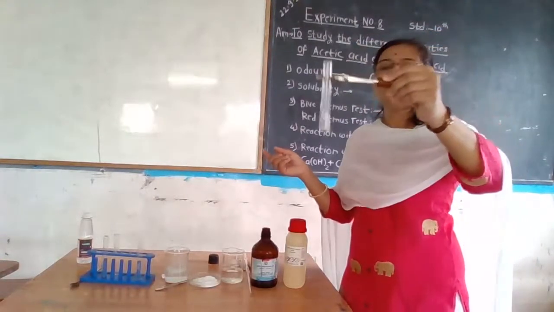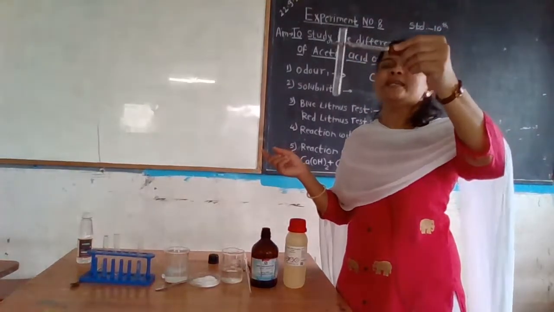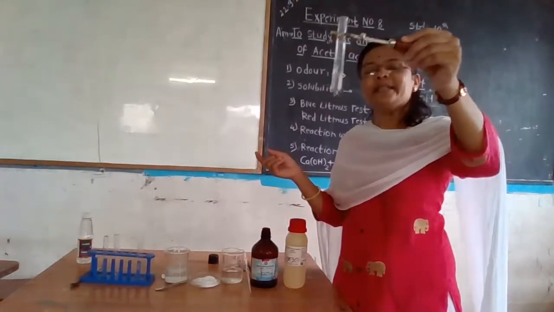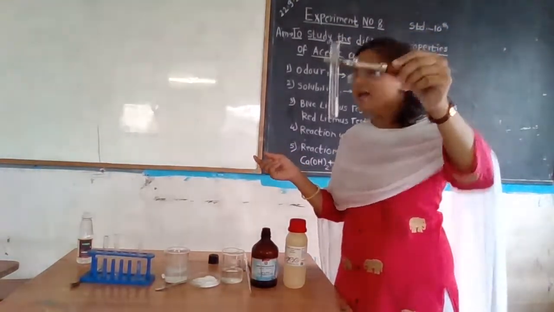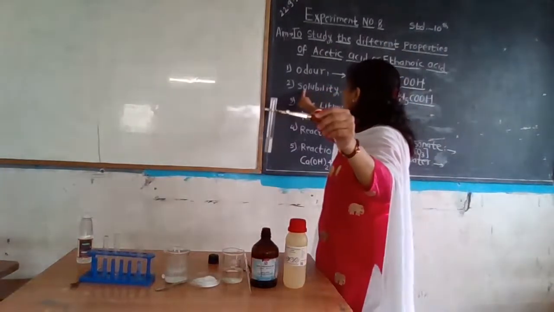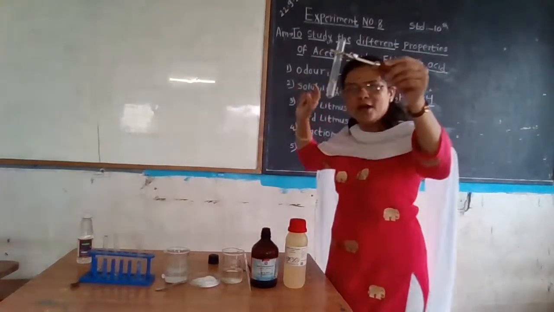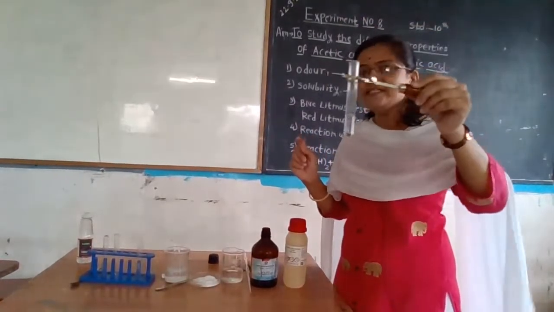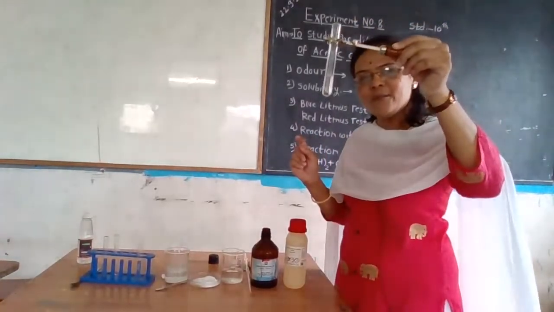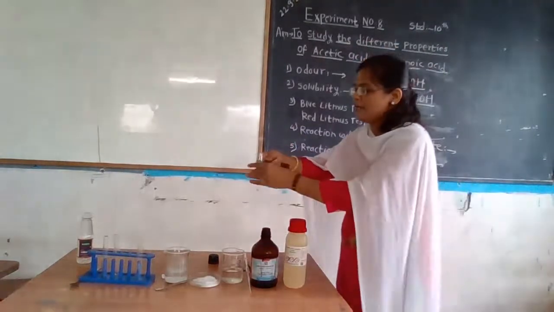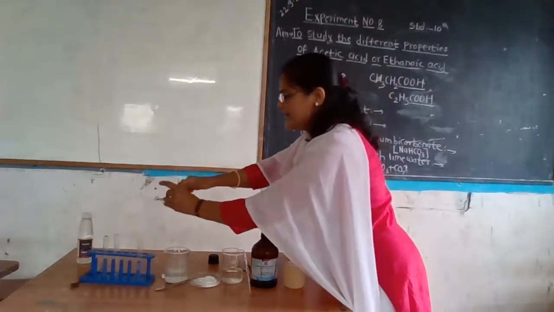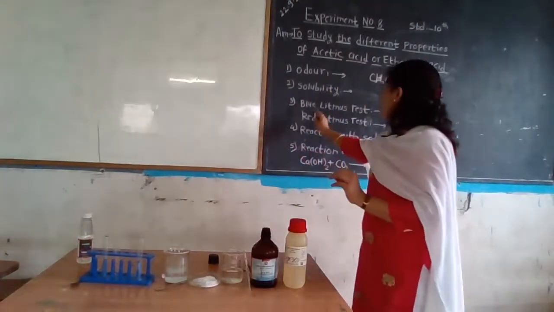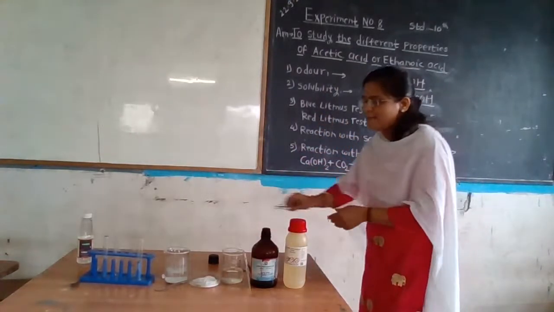Yes, the mixture is homogeneous and there is no settlement of particles at the bottom of the test tube. That's why the second property, solubility in water: acetic acid is soluble in water. This is our second physical property. Then I am putting this test tube in the test tube stand. Then the third property, blue litmus paper and red litmus paper.